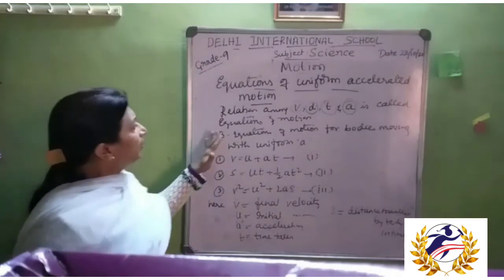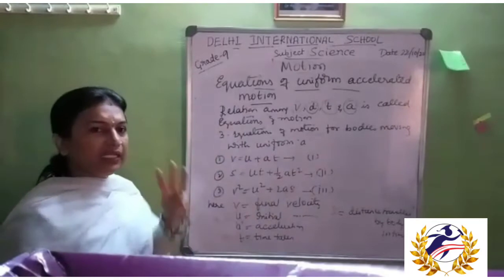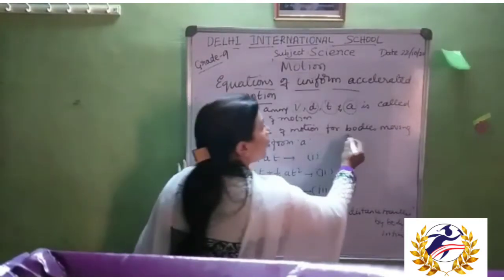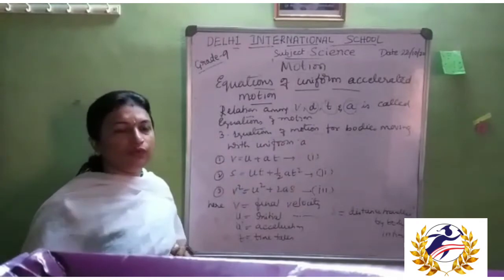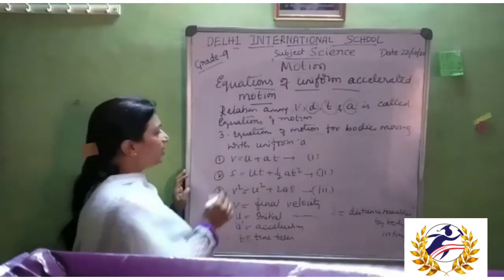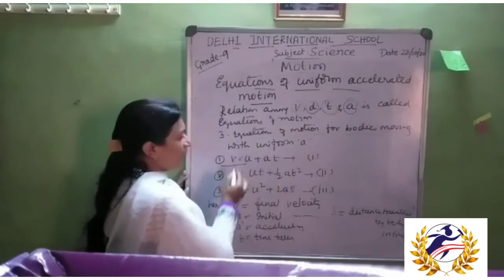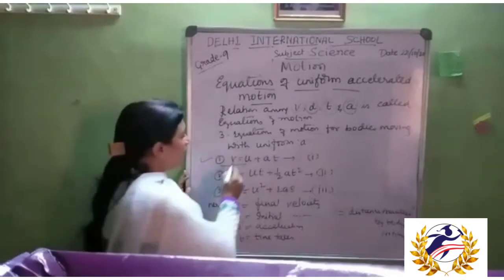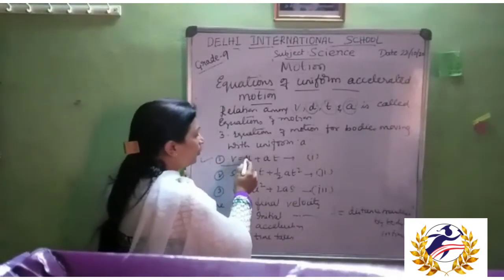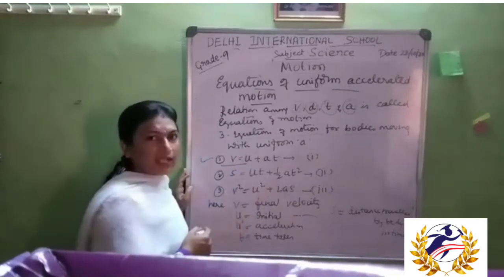There are mainly three equations of motion for bodies moving with a uniform acceleration. The first one is v = u + at. This is one equation. You need to learn this by heart. v is the final velocity, u is the initial velocity, a is the acceleration and t is the time.